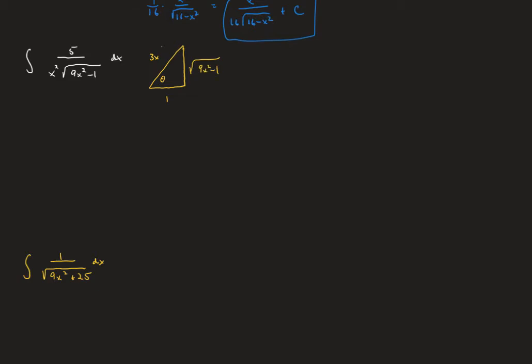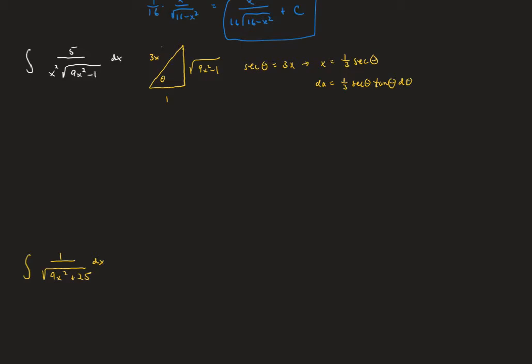Okay, now we can see that the cosine of theta would be 1 over 3x, which means the secant of theta is going to be 3x over 1, which means that x is going to be 1/3 secant of theta. Then we need to use that to figure out what dx is. So that's going to be 1/3 secant theta tangent theta d theta.